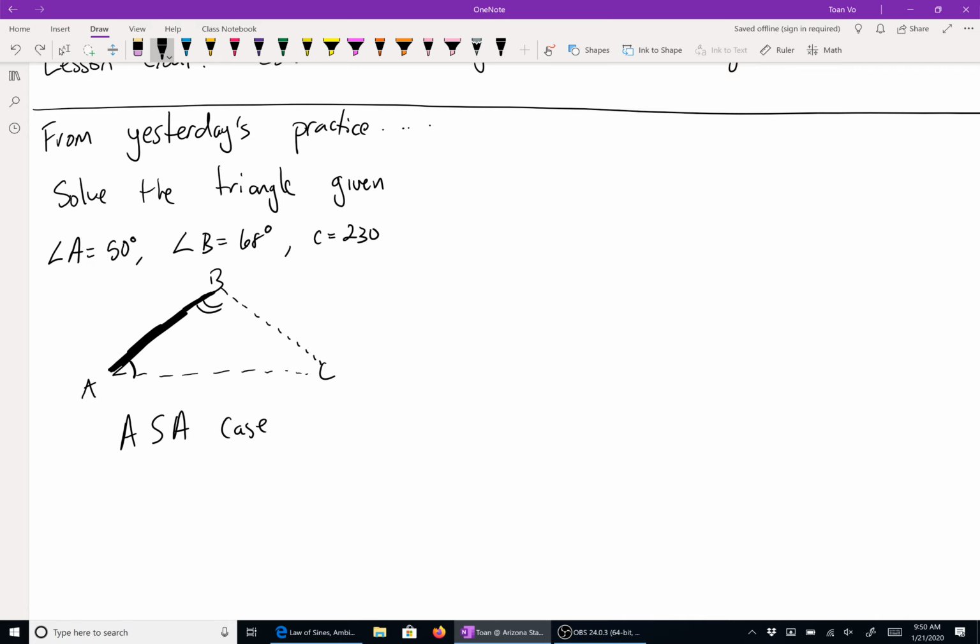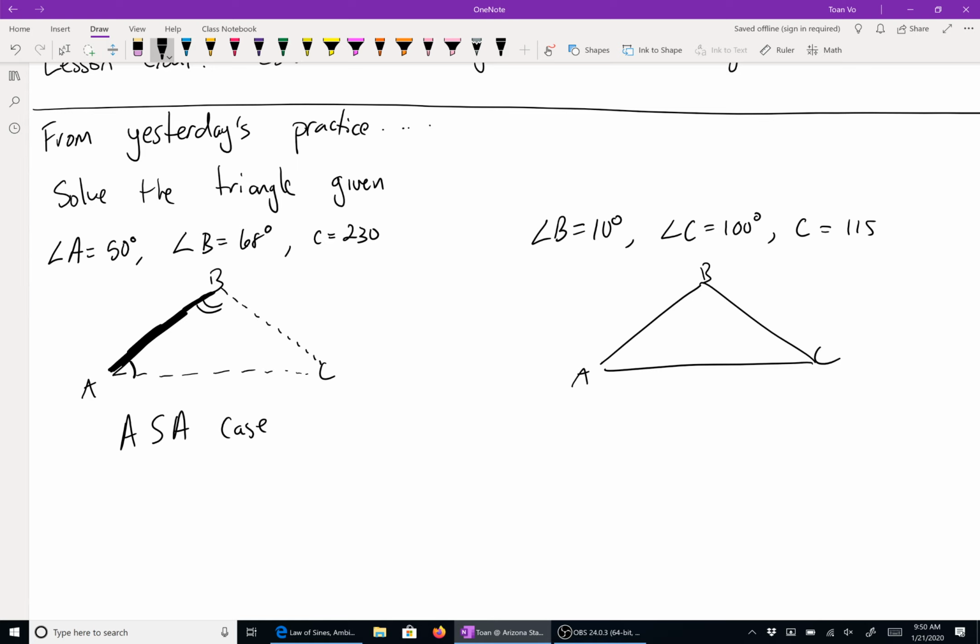Another example from yesterday's practice was they gave you angle B, for example, 10 degrees. They gave you angle C, for example, 100 degrees. And they gave you side C, say 115. And again, if we were to draw this out, A, B, C, what information did they give you?